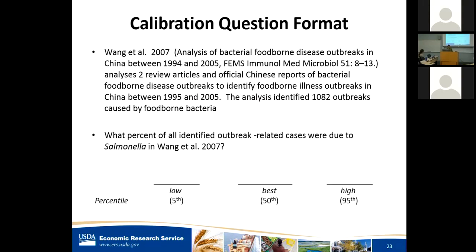What's important here is that we don't really care whether you know what's going on in China. What we care is, can you assess the state of your own knowledge? So do you have a sense of where that may fall, but also are you pretty good at assessing how uncertain this kind of an estimate is? So that's what we're trying to measure with these.